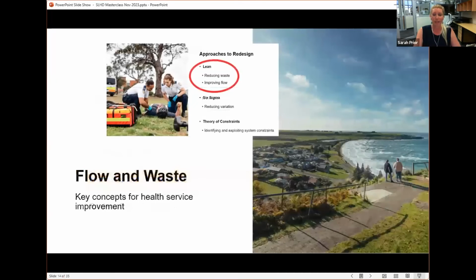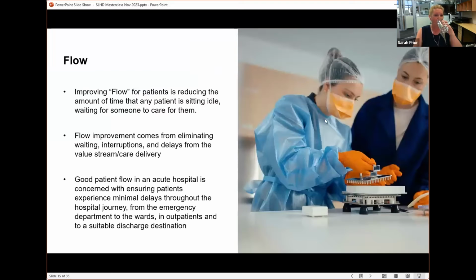So for the next part of this session, I'm going to focus on waste in healthcare based on the principles of lean thinking. But before we jump into waste, I just need to briefly touch on flow. So flow is essentially how things move through a system. So improving flow for patients is about reducing the amount of time that patients are sitting, waiting for someone to care for them.